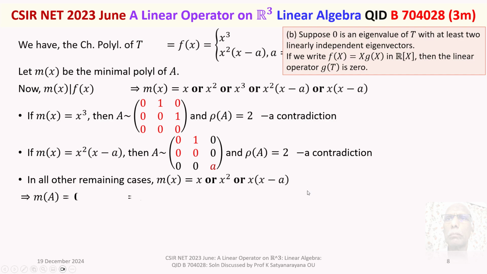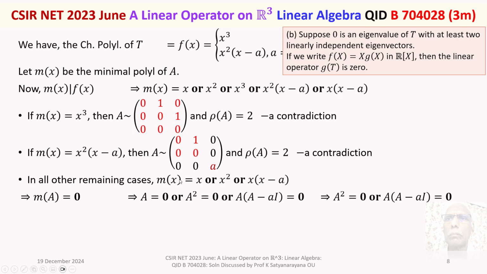Agreed. And the matrix A annihilates the minimal polynomial. Therefore, m of A will be 0. That means when m of x is equal to x, A is equal to 0. When m of x is equal to x square, A square is equal to 0.